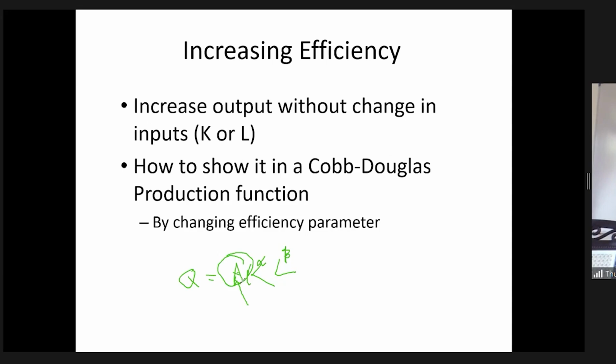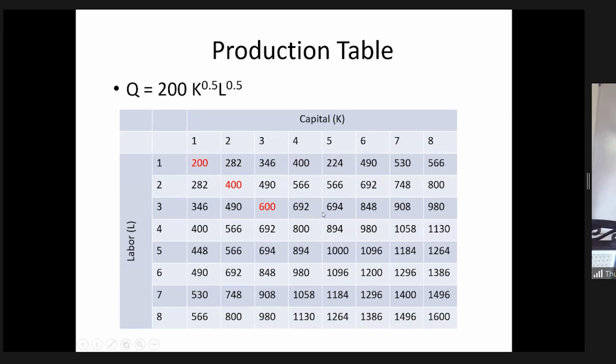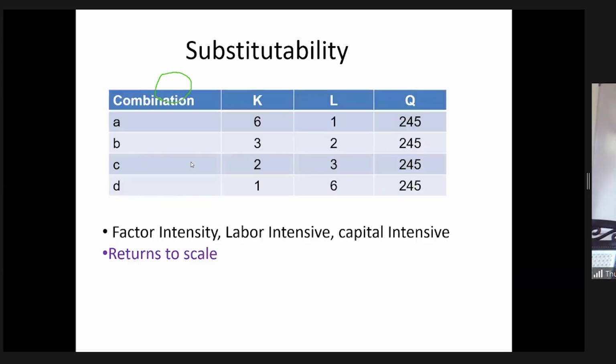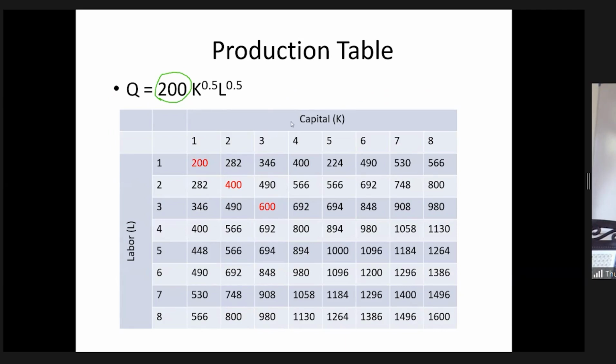Efficiency parameter. Right. I have done it here. So now you can see. Previously we had 100 here. Here we had 100. Now we are having 200. And if you go back, here we are having 100. So when we mix one capital, one labor, output increases by 100. In the new case, when we put 200, the same functional form, then one capital, one labor, we are getting 200.